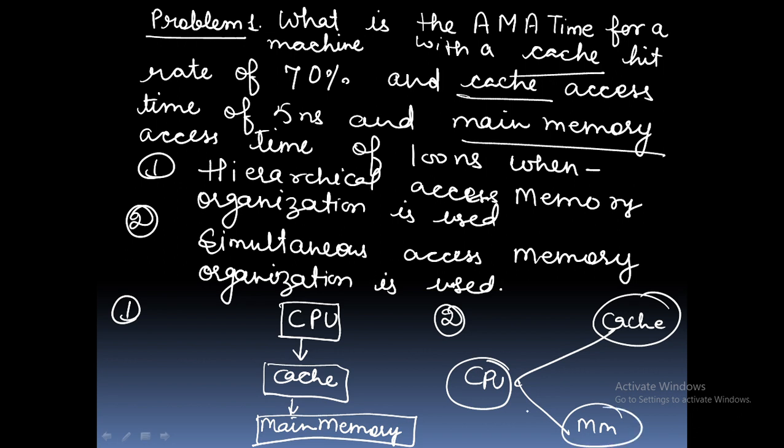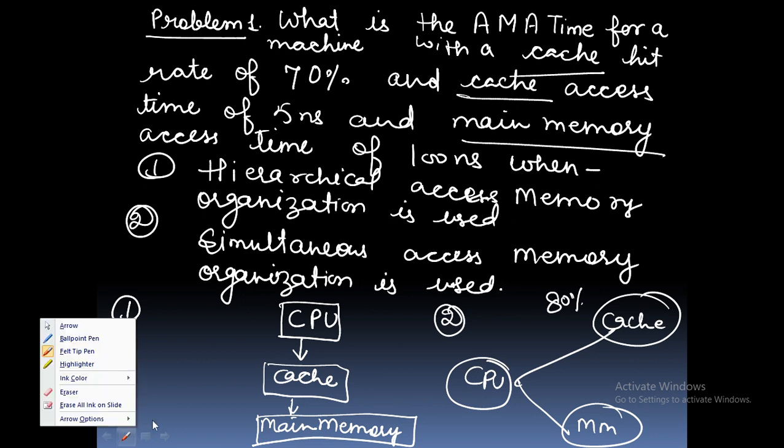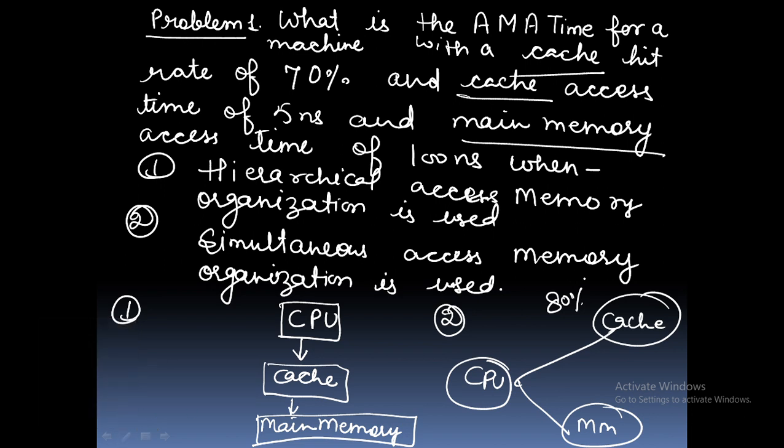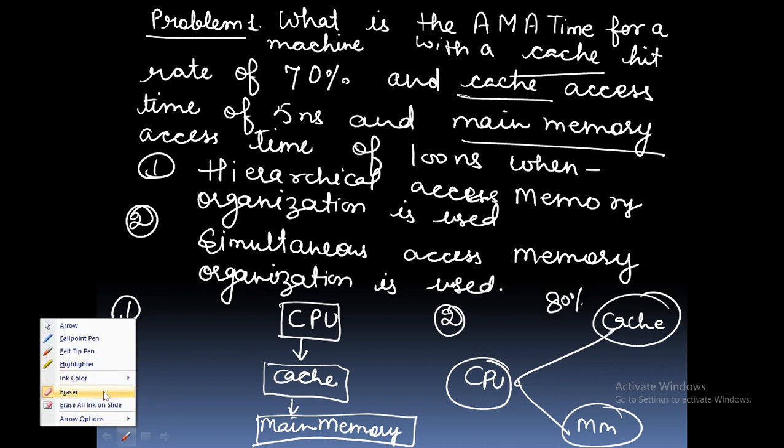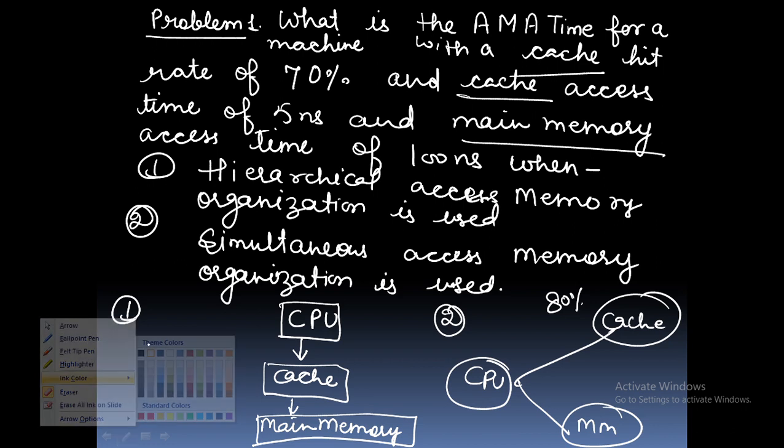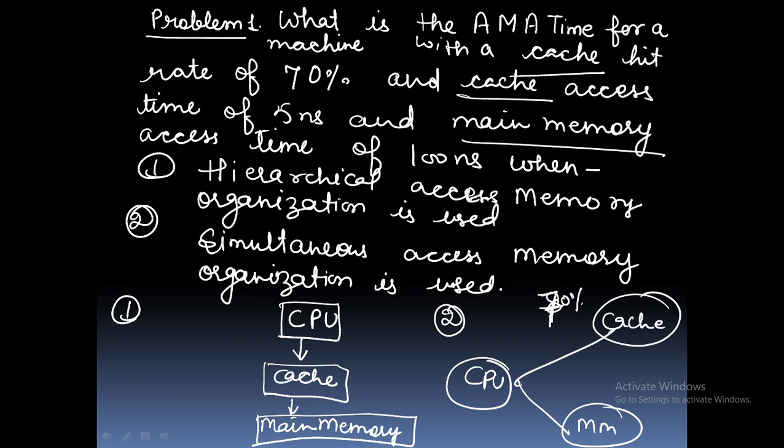You can say that the hit ratio of cache is given, that is 70%.